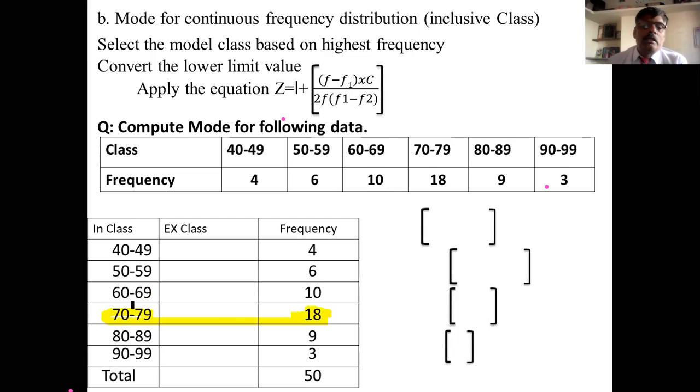You may take that 69.5 as the L value. By taking 69.5 as the lower limit, you can directly solve the problem. You will save the time. If it is confusing, you prepare the class.